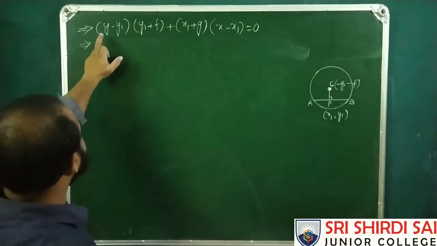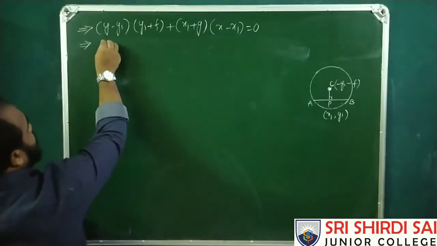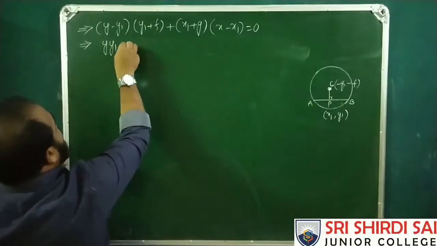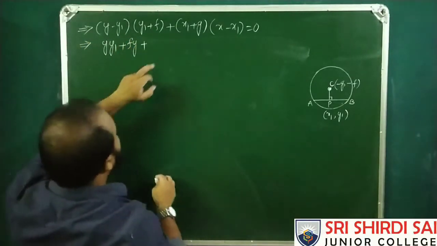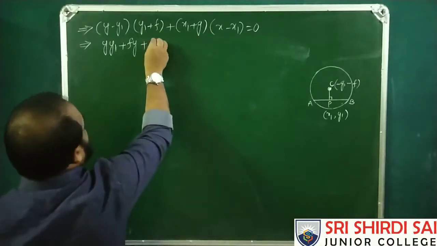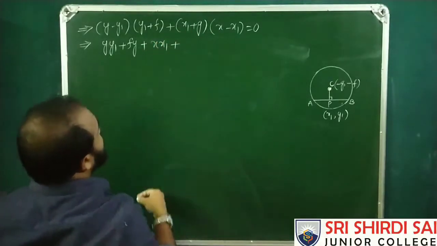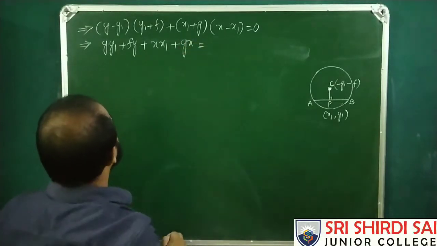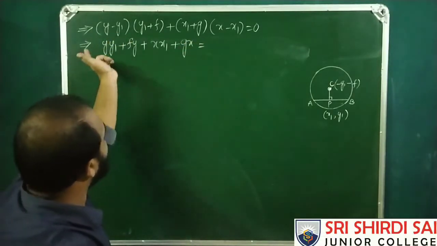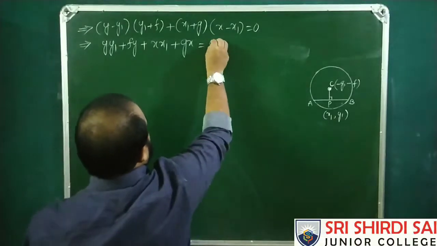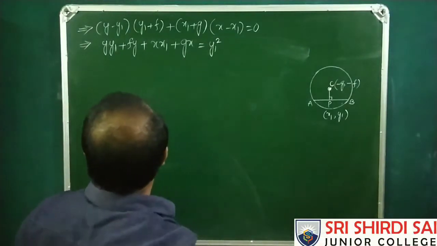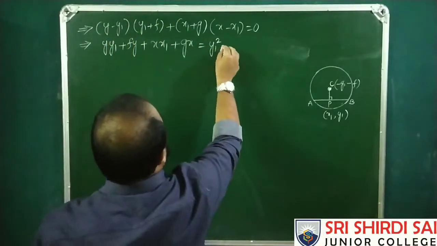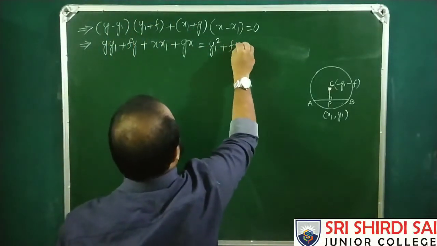So this is y into y1 plus fy, plus x1 into x, xx1, plus g into x, gx, is equal to minus y1 square; if you take that side, y1 square. So here minus y1 f, if you bring to that side, fy1.